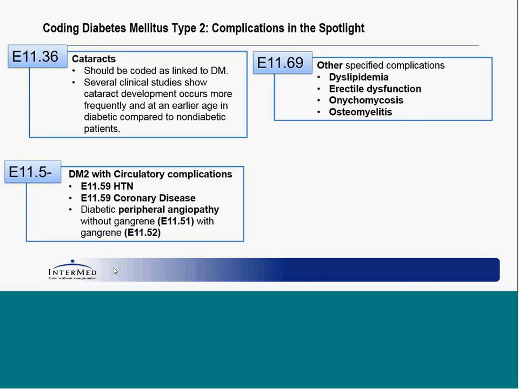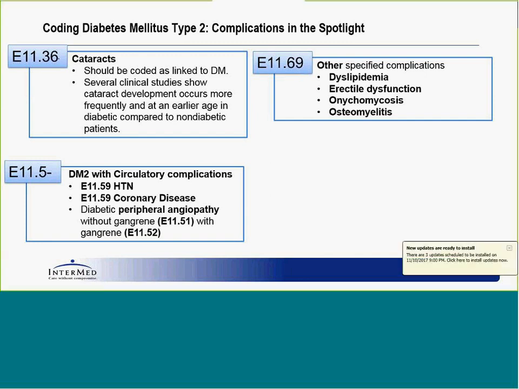A little bit more complex, and again, nobody here is coding experts, but here are some others: your diabetics who all end up getting cataracts. Essentially, that is a linked code and risk adjusted. Same with any of the things in the E11.69 category, although none of us are likely linking those right now.